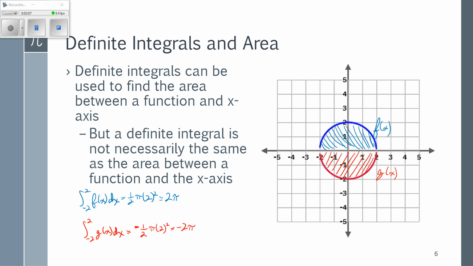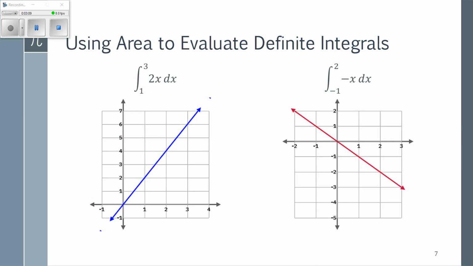Now, if you keep that in mind, that means we can use areas to evaluate definite integrals. So for example, if I had the integral from 1 to 3 of 2x with respect to x, I'm going from 1 to 3, well, the definite integral is going to be this area between the function and the x-axis.